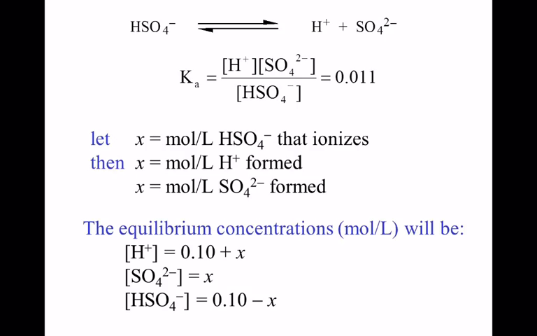And then that last set of numbers are our equilibrium numbers. At equilibrium, our hydrogen ion is 0.10 plus X because of the common ion effect. The sulfate is X. And the weak acid left is 0.10 minus X. Makes sense?